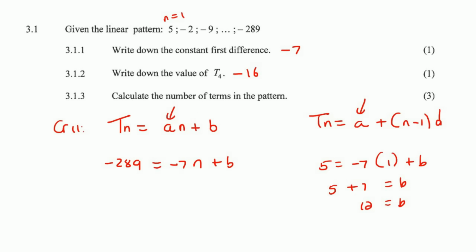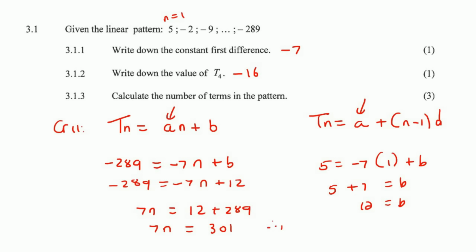Now we know b is 12, so we can use b as 12 over here. There we go. So now you can solve for n. So I'm going to take the n to the left, and I'm going to take the 289 to the right, and so 7n would be equal to 301. And then 301 divided by 7 means that n would be 43. So there are 43 terms.